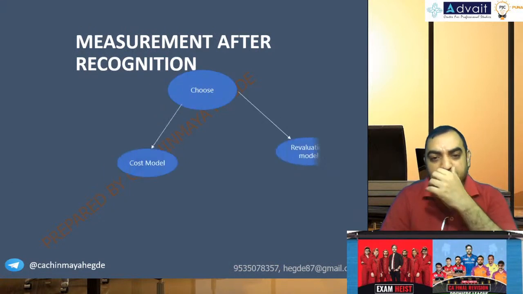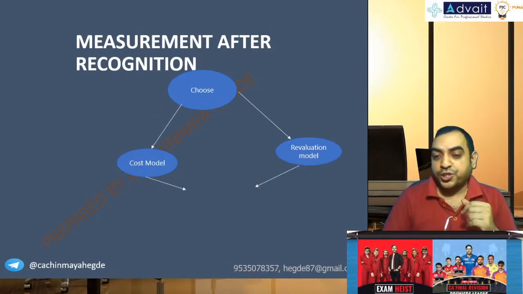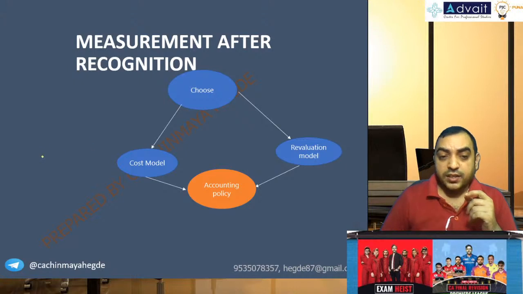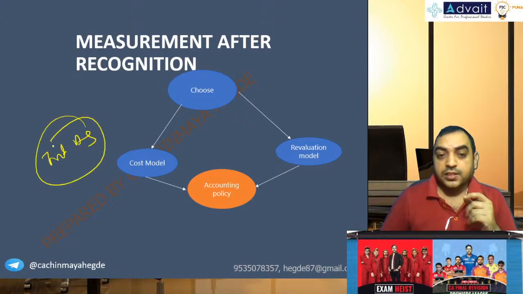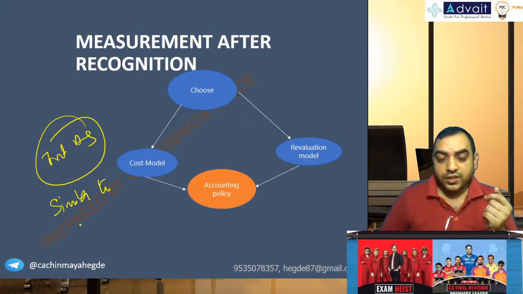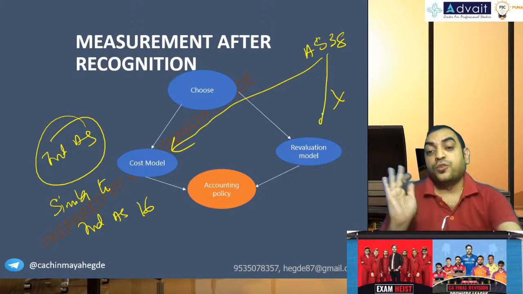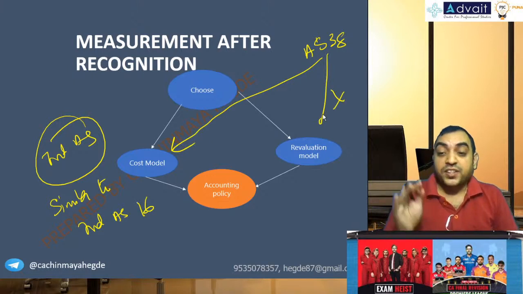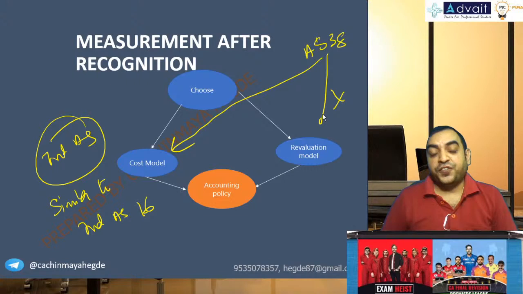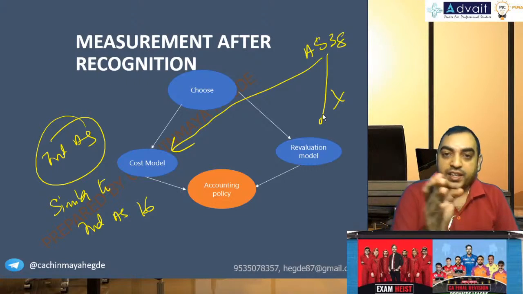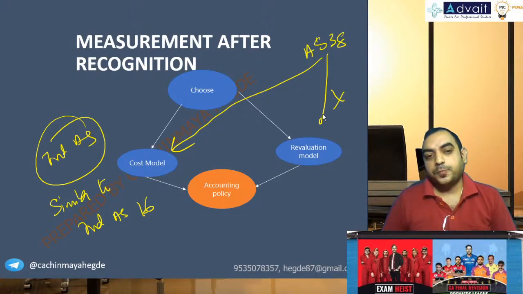Okay. Measurement after recognition, the cost model and revaluation model apply. This is under Ind AS, very similar to your Ind AS 16. But under AS 26, they follow only the cost model. They don't follow the revaluation model. It is one of the biggest differences between AS 26 and Ind AS 38.